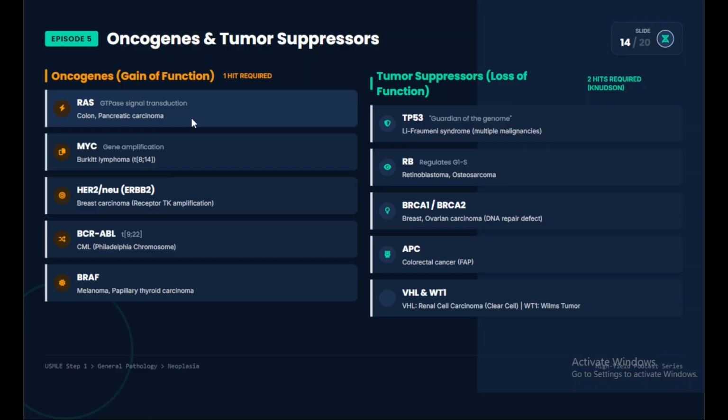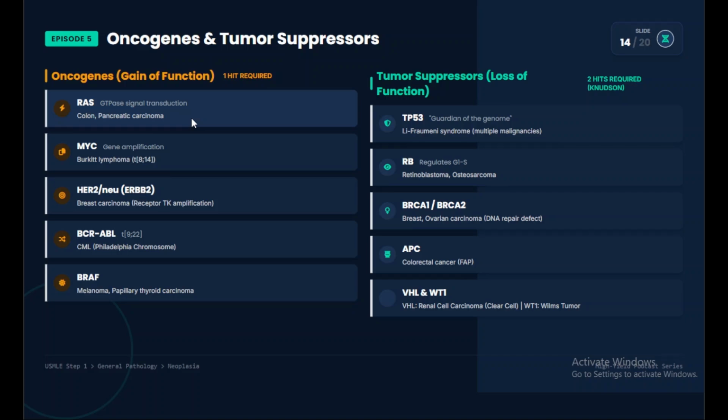It is seen in CML, chronic myeloid leukemia, especially in the form of the Philadelphia chromosome at t(9;22). And BRAF is a kinase in the MAPK pathway, seen in melanoma and papillary carcinoma.